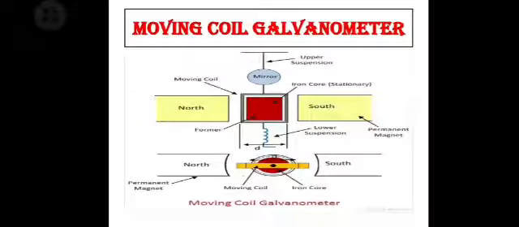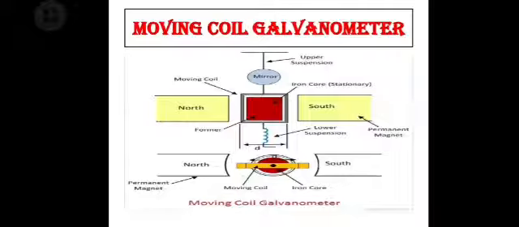This radial magnetic field is due to the two pole pieces, north and south. The coil rotates due to the torque acting on it as current flows through it, just in the same way as we have seen in our last derivation.